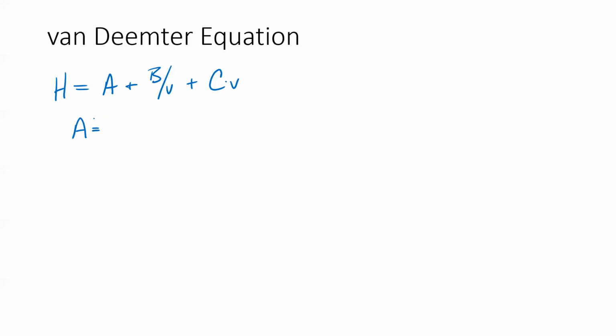A is this factor that takes into account eddy diffusion. Okay. B is a factor that takes into account longitudinal diffusion.